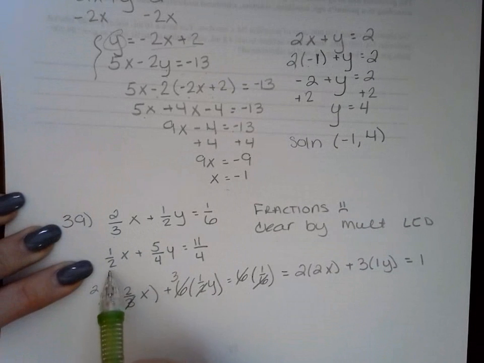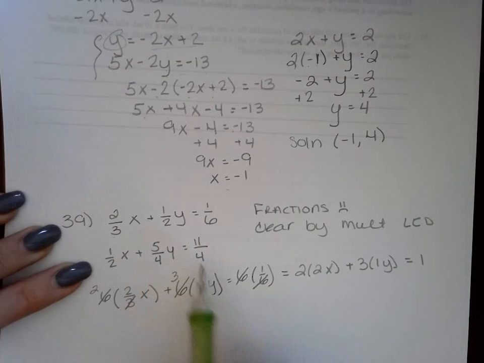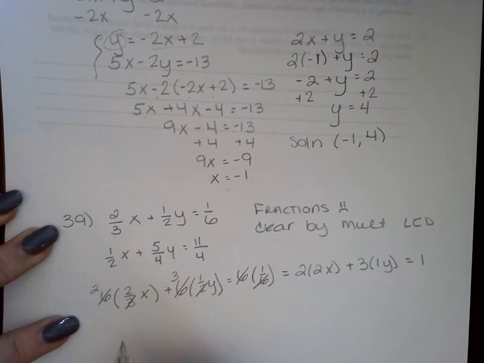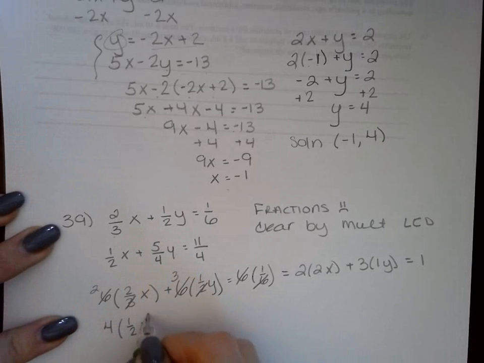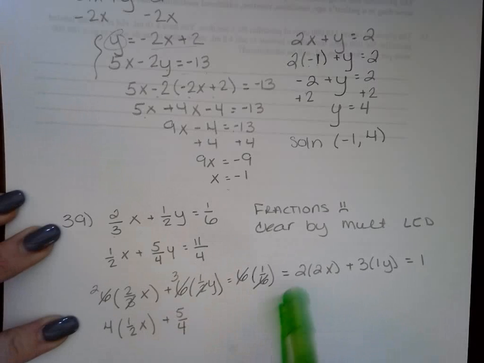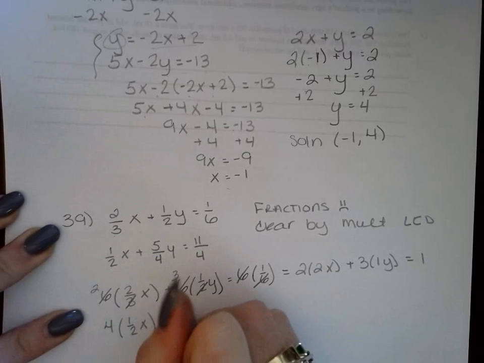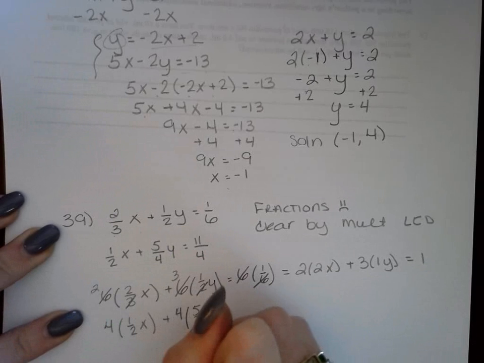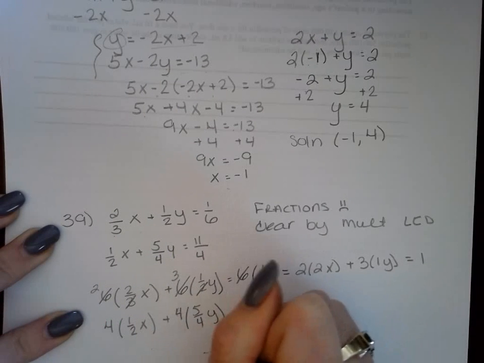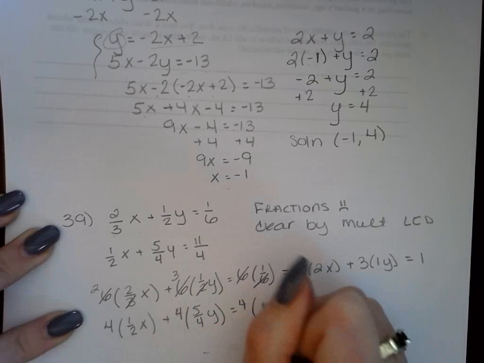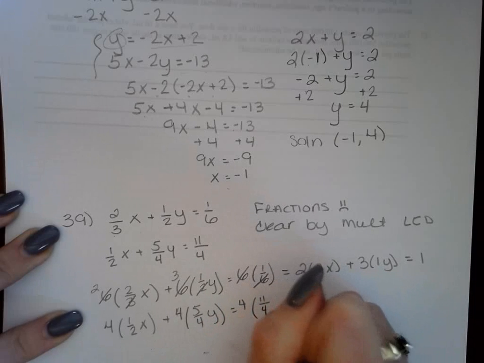Here we have a denominator of 2, 4, and 4. So our lowest common denominator is 4. 4 times 1/2 x plus 5/4. I forgot to multiply. Plus 4 times 5/4 y is equal to 4 times 11/4.